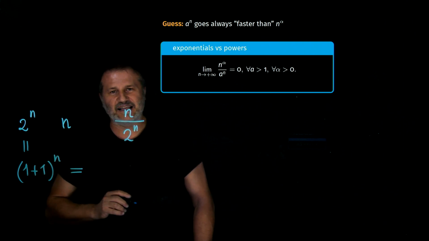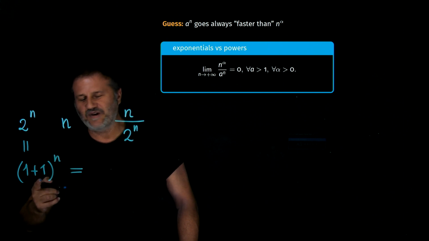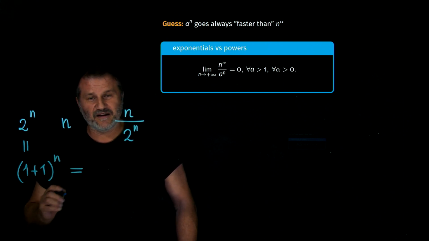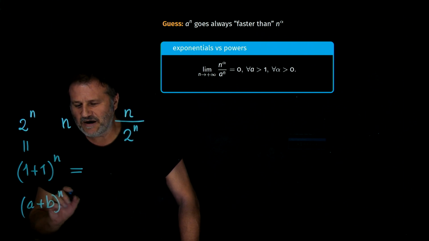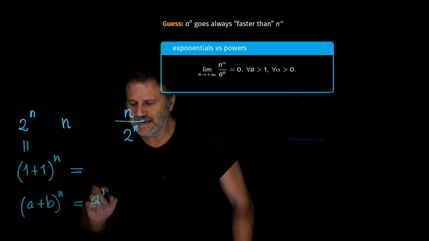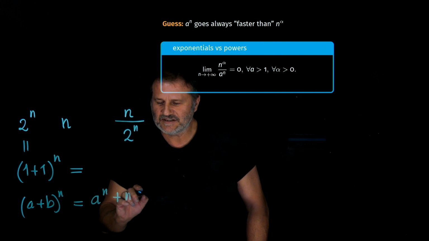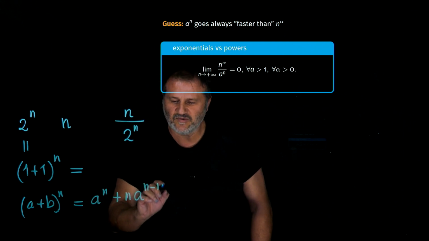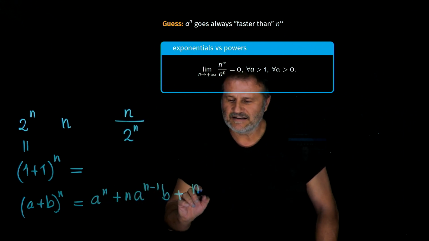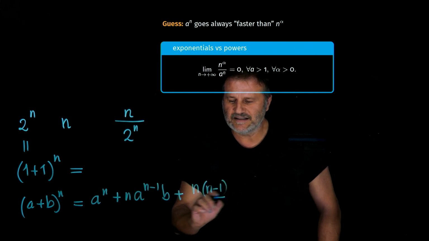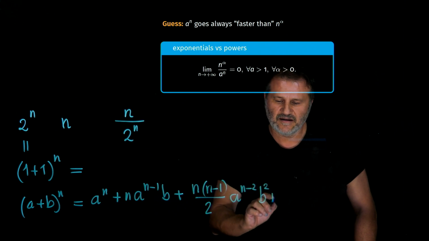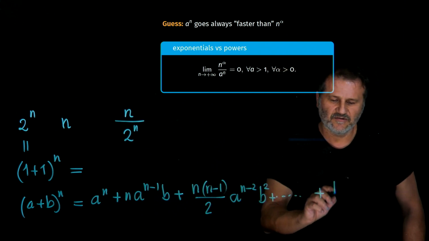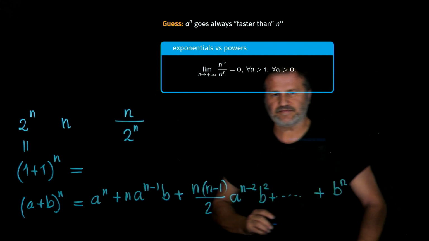And then the next step, the key step, is to write this using the binomial expansion, which is in general (a plus b) to the power n equals a to the n plus n times a to the n minus 1 times b plus n times (n minus 1) divided by 2 times a to the n minus 2 times b squared, and so on, until you finish with b to the power n.